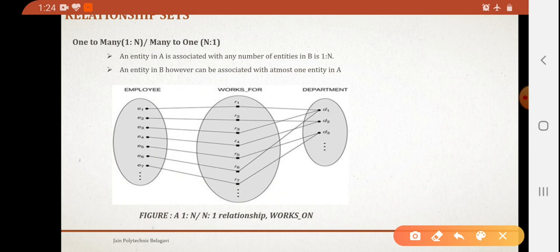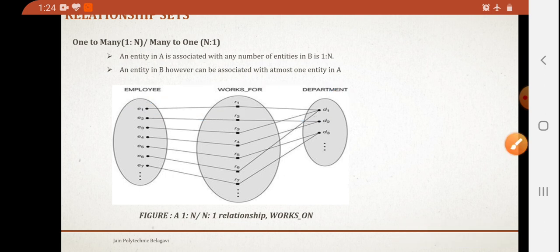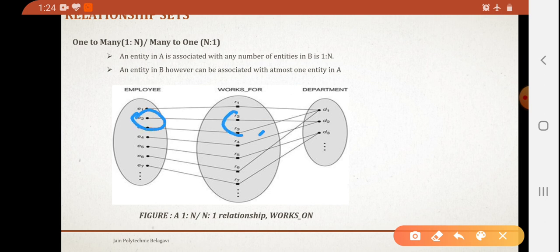See here, employee 1 works for department D1, so this is a 1 to 1 relationship. Employee 2 works for department D2, and employee 4 works for department D2.